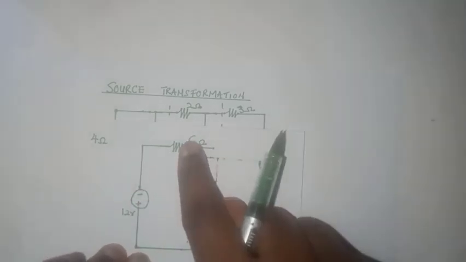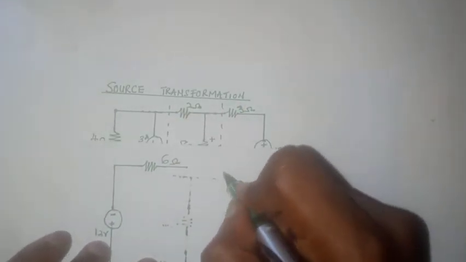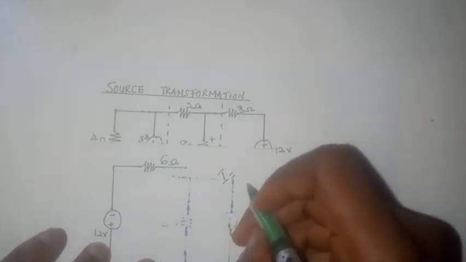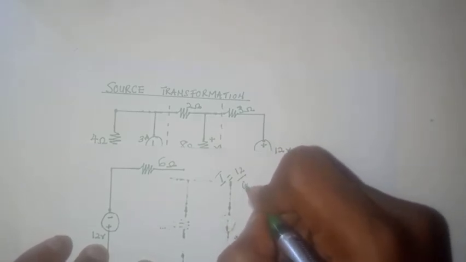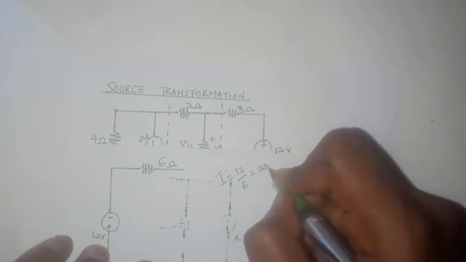Okay, then we want to replace this voltage source with a current source in parallel with the 6 ohm resistor. Doing that, the current source that we would replace it with would be I equals 12 divided by 6, and that would be 2 amperes.